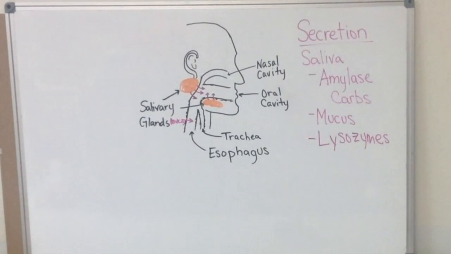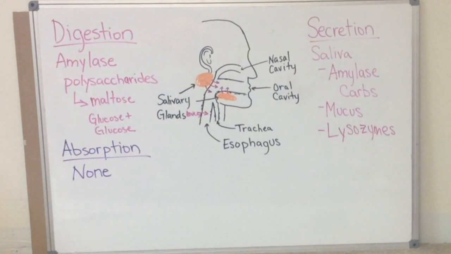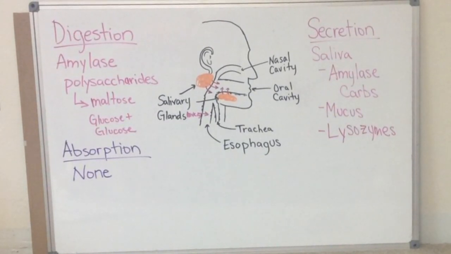The esophagus also produces and secretes some mucus. This mucus serves as a chemical and mechanical protector for the cells within the esophagus and helps propel the food bolus down into the stomach. The only digestion that occurs within the mouth is the start of digesting carbohydrates.